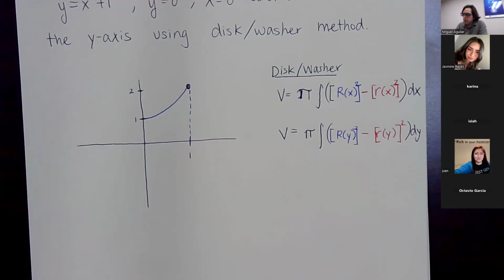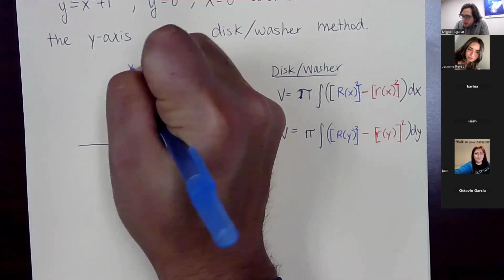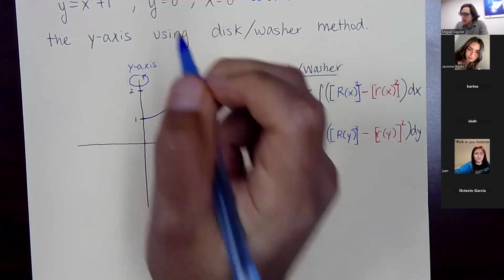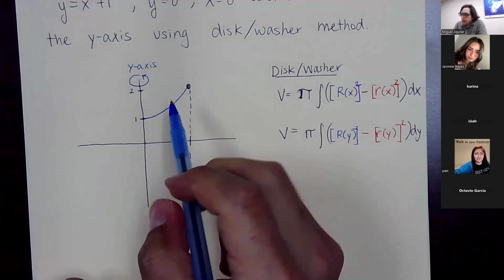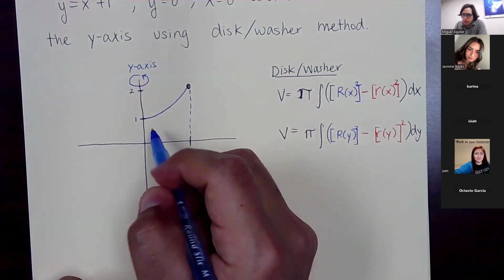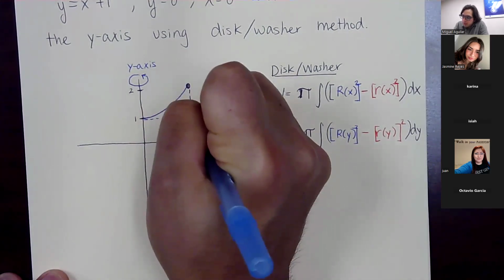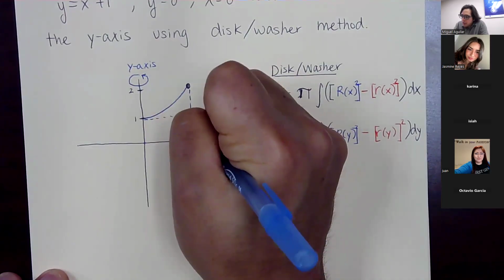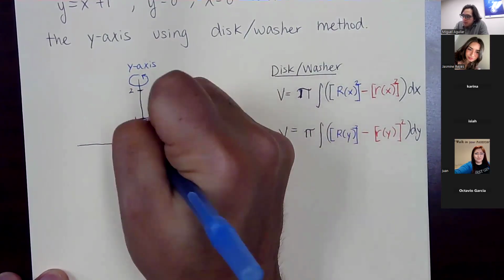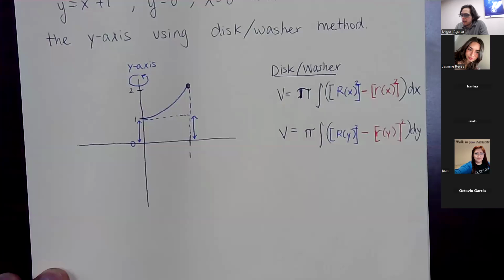Okay. So again, we want to revolve this around the y-axis. So we have to think about our limits of integration, if you think about breaking up this shape into two distinct regions. We have this region here that goes from 0 to 1 on the y-axis.